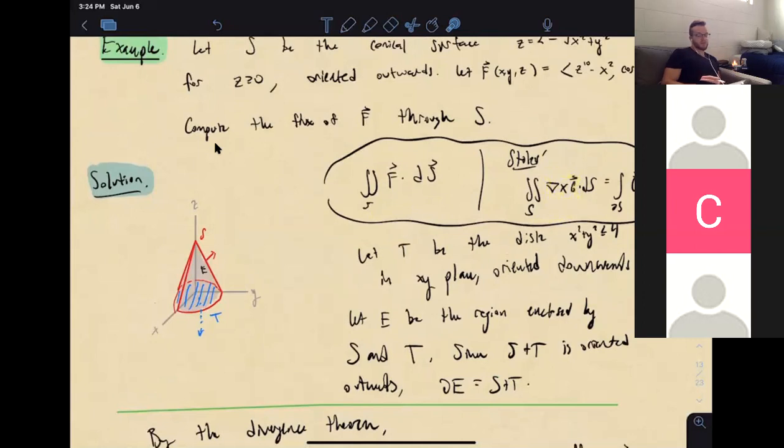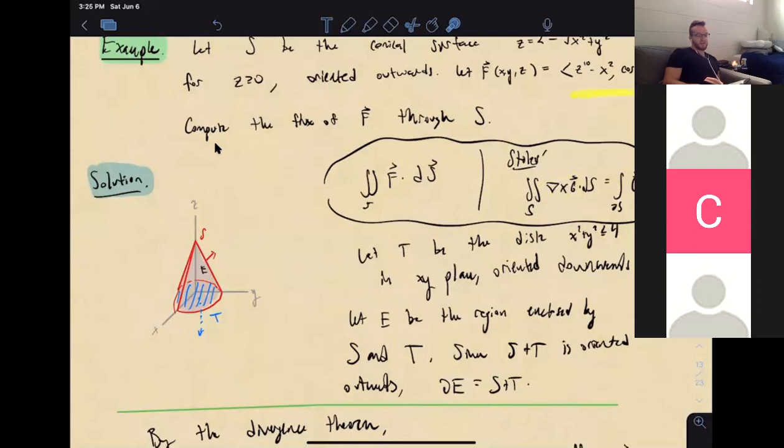So in order to use Stokes' theorem, you would have to figure out how to write F as the curl of something. In other words, you would have to find a vector potential G for F.